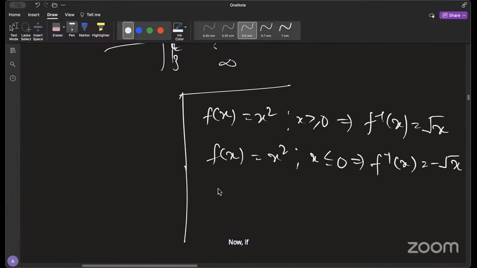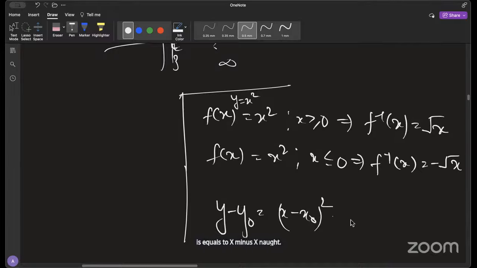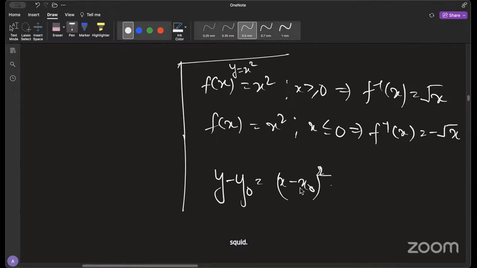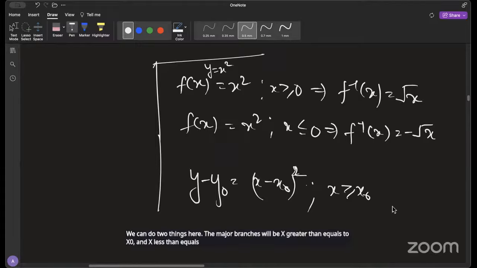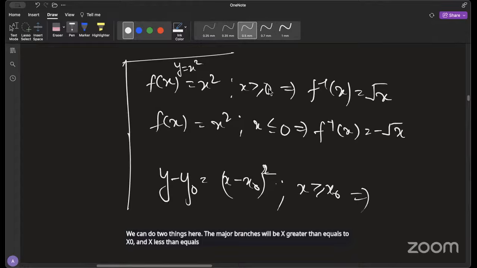Now if you have something like this, in general, this is nothing but the y equals x squared function, right? If you take something like y minus y naught equals x minus x naught squared, you can do two things here. The major branches will be x greater than or equal to x naught and x less than or equal to x naught.